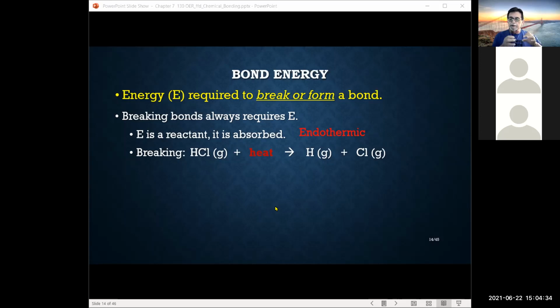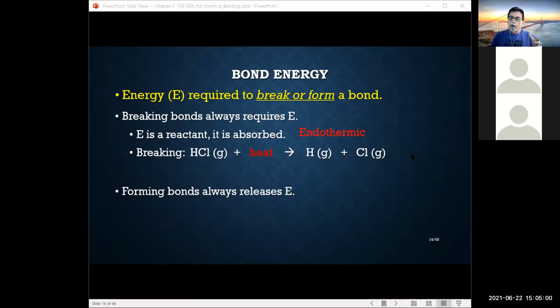In this case, where we're breaking a bond, we're taking hydrogen chloride and breaking that hydrogen chloride bond. That requires energy in the form of heat to form the hydrogen atom and the chlorine atom. This reaction will be cold, and we call that endothermic.